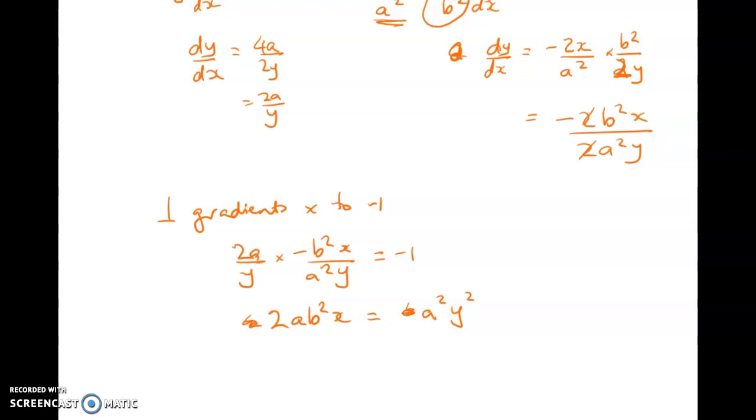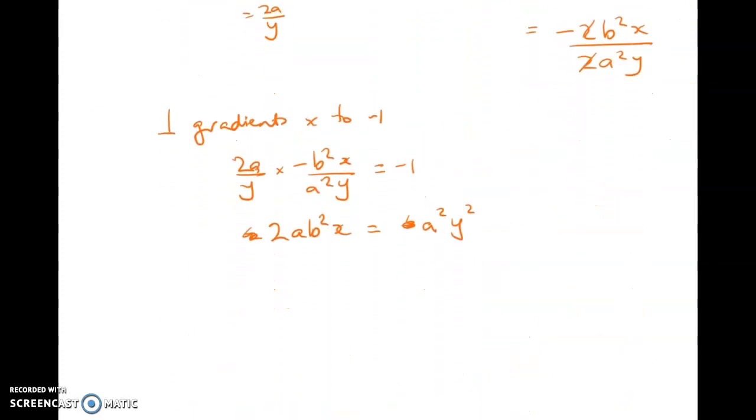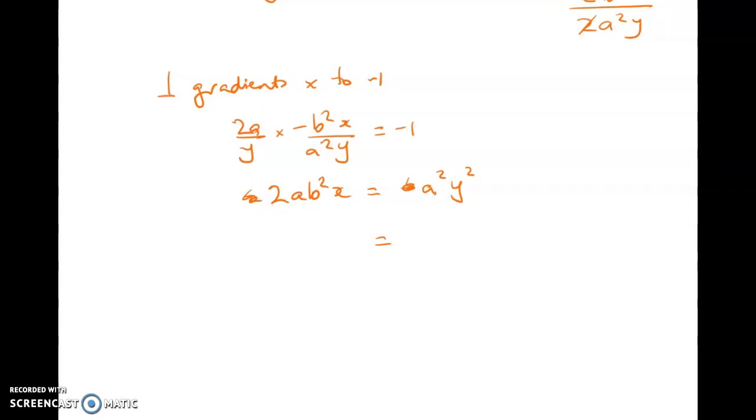And all that's left to do is to realise that point P is on both those curves. And this is a really common thing that comes up in conics and coordinate geometry problems, is think about what we know. Well, we know that P is on both, and that means that P satisfies both of those conditions. So y squared is equal to 4ax. I'm going to first divide through by a here, and I can do that because a is not equal to 0.